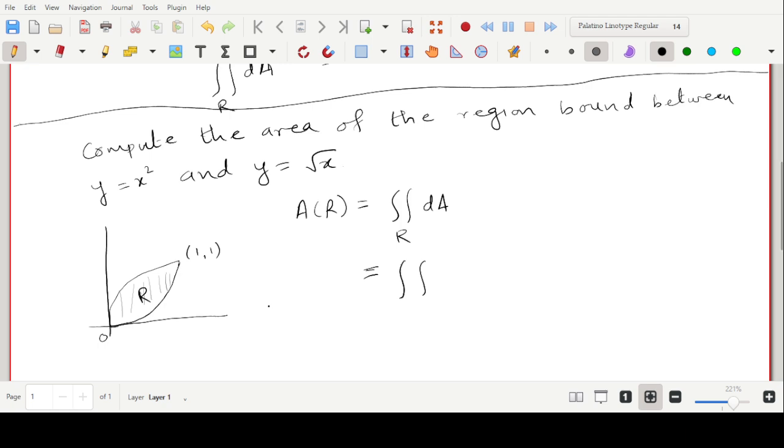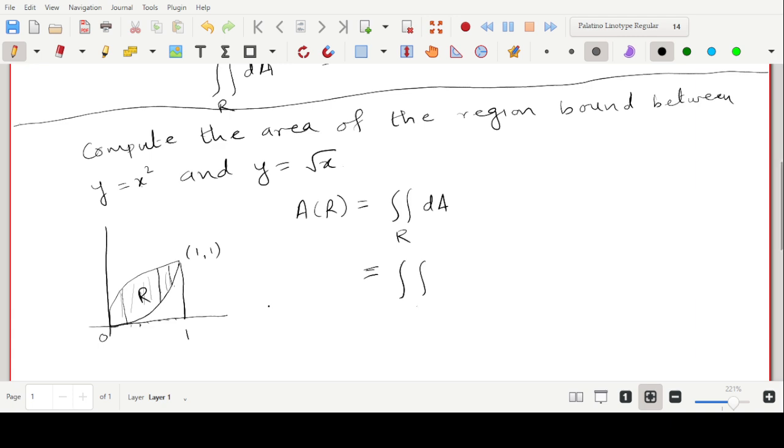Here x is varying from 0 to 1, and for every x between 0 and 1, y will vary from this lower curve to the upper curve. The lower curve is given by y equal to x square, and the upper curve is given by y equal to square root of x.